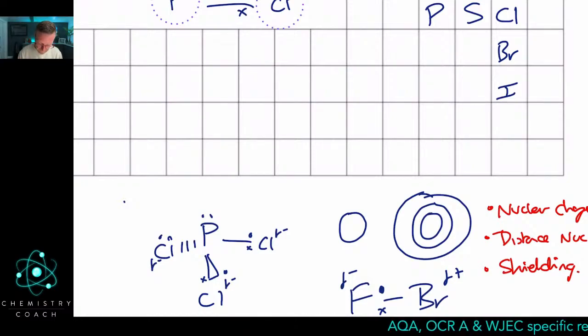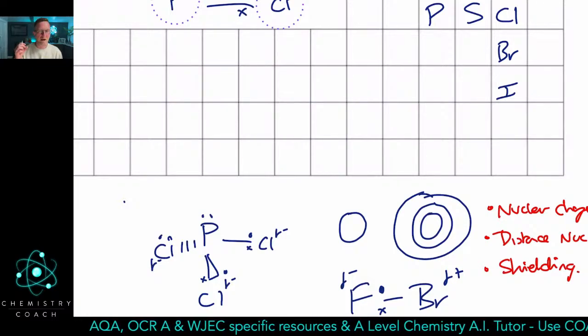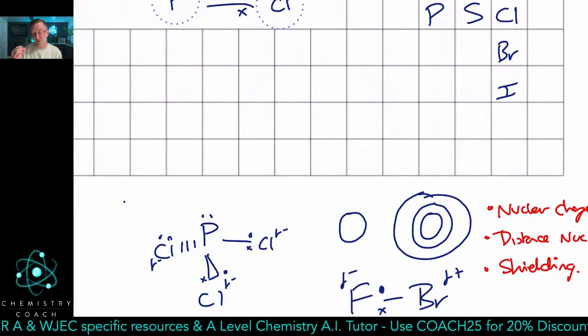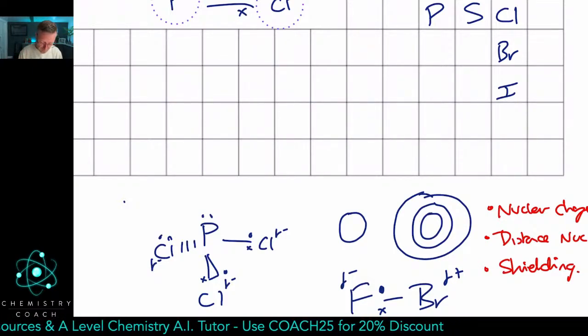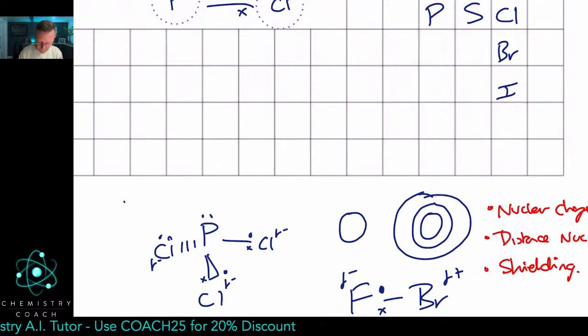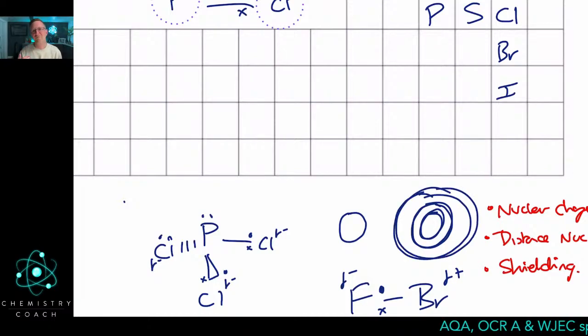So fluorine, because it's got low shielding and relatively low distance as well, is really good at attracting electrons towards it. Whereas bromine is less electronegative because of all this shielding it's got. That's why it's not very good at attracting a bonding pair of electrons.